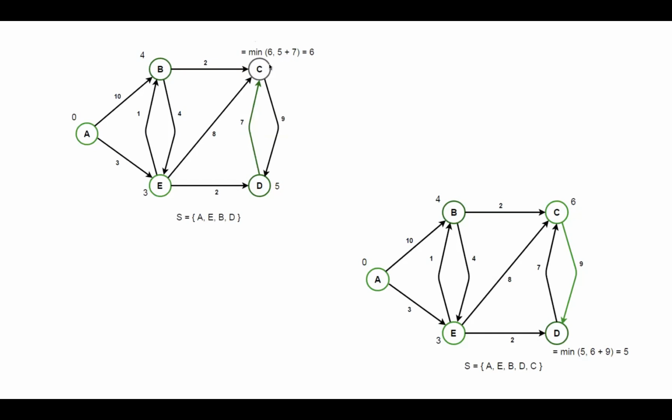Okay, 6 and 5 plus 7, the minimum is 6. So C's value will remain 6.